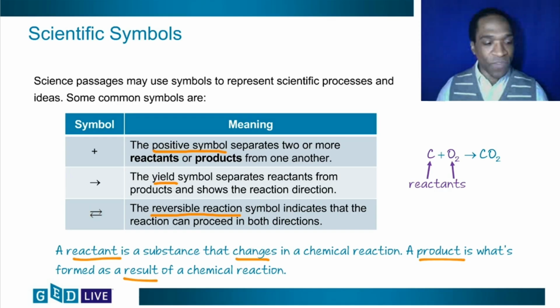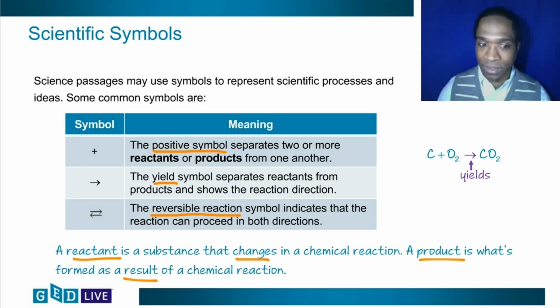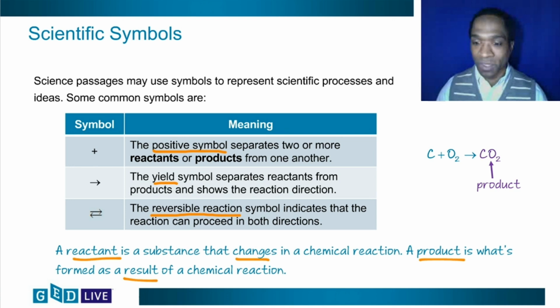Next, again, we have that positive symbol which combines those two reactants. And then we have the yield symbol coming next. So what comes after the yield symbol? Well, that's the product. Our product is the CO2. It's the outcome of combining carbon and the oxygen with the two atoms.